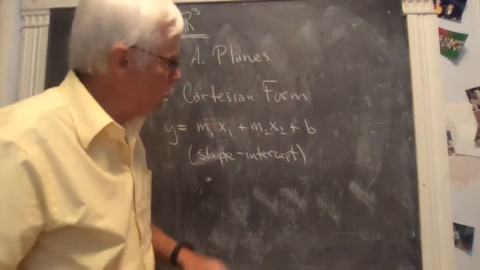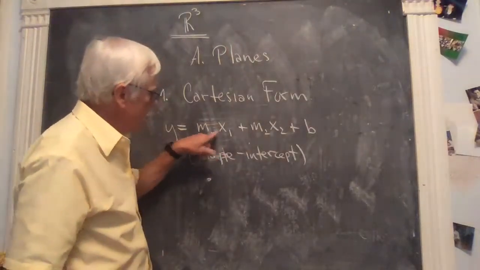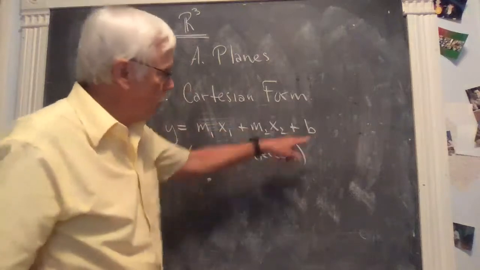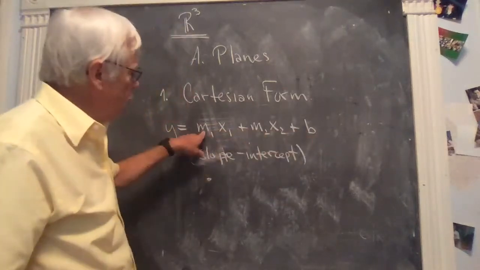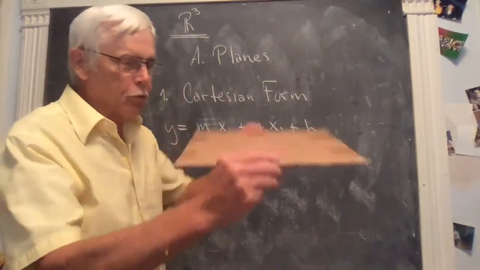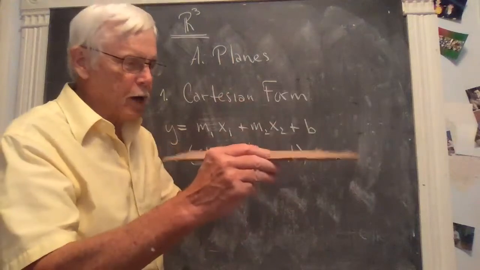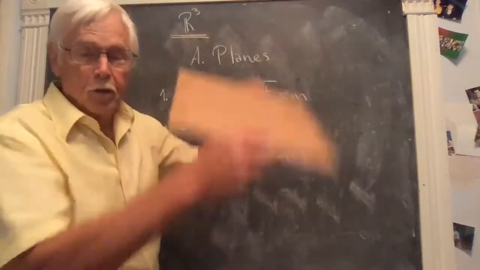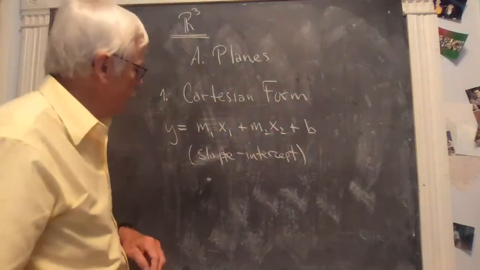So two slopes, pitch, yaw, and an intercept. So these are all numbers. Slope means what it usually does, rise over run in this direction, rise over run in this direction, and intercept means what it usually means, where it intersects the y-axis, slope intercept.